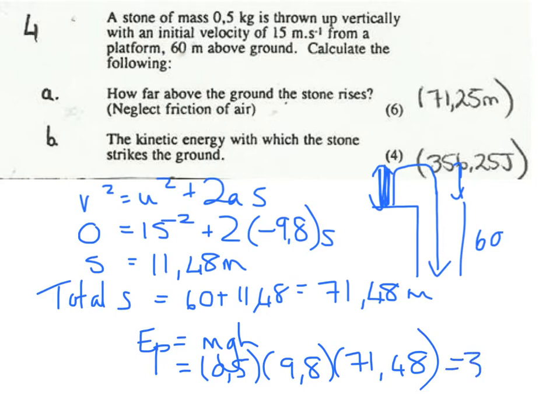And I land up with 350,25 joules. Now the important thing here is that that is the potential energy at the top, but mechanical energy is conserved, so it is equal to the kinetic energy at the bottom.